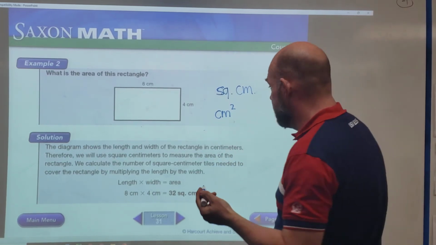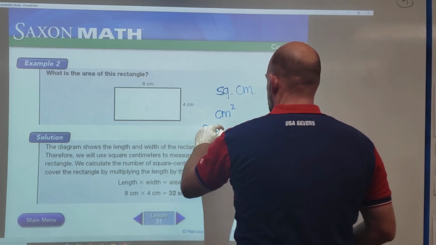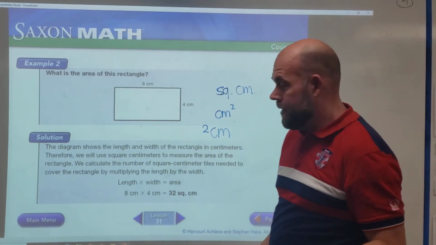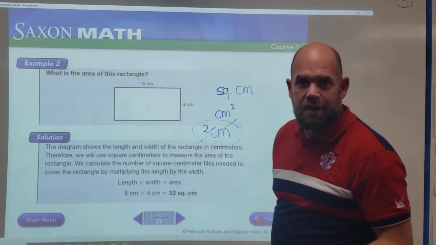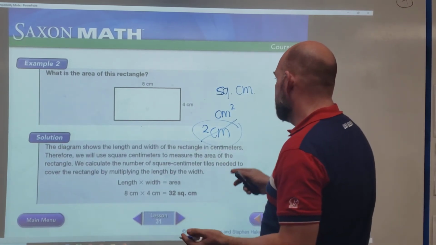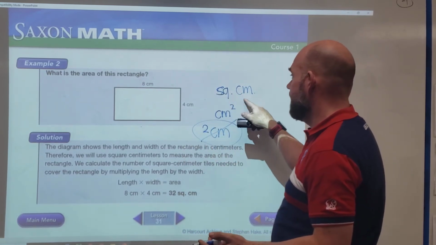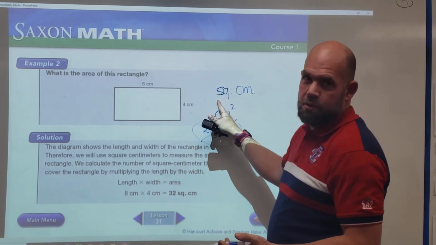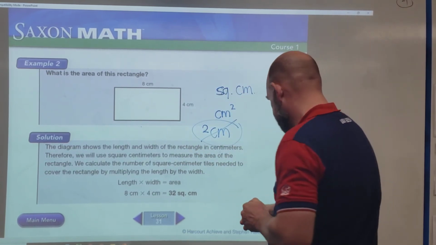What you can't do is squared centimeters like that. Don't write it that way, because that just looks like 2 centimeters. And so you want to do centimeters squared if you're going to say it that way, or square centimeters. And if you don't want to abbreviate it, you can just write out square centimeters. Okay?